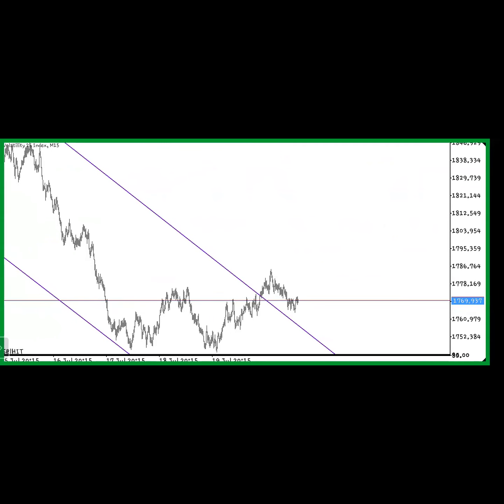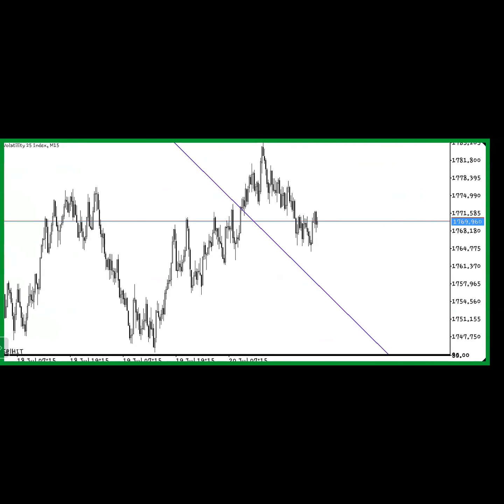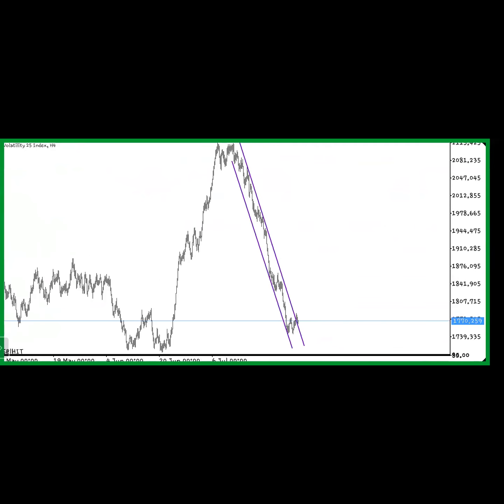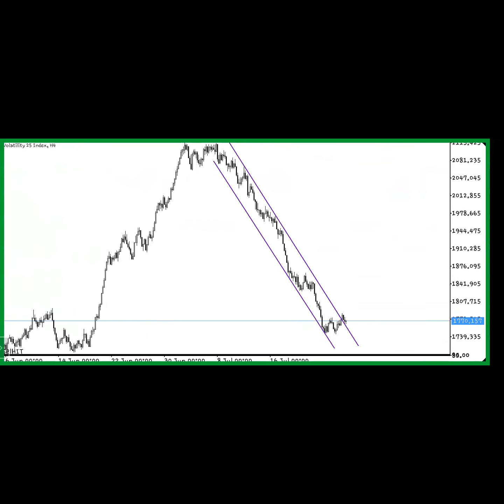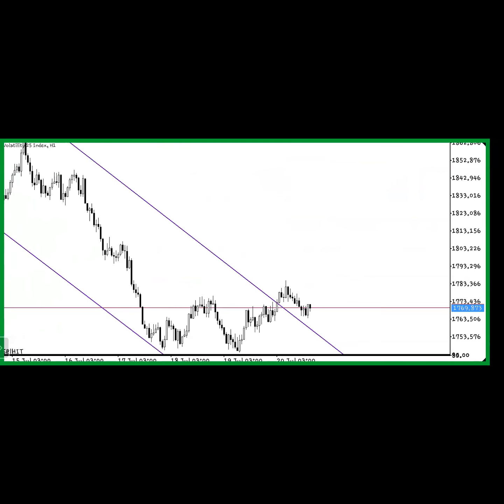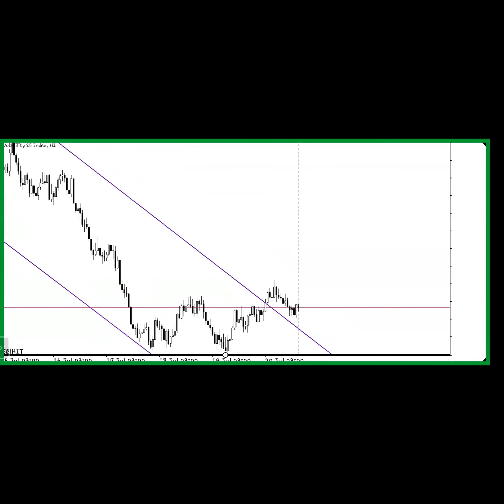So on this pair, let me go back to H4. On this pair, you can clearly see that on H4 it's showing that we have a complete breakout and retest. And then we go back to H1, it shows us that it's forming a small channel.